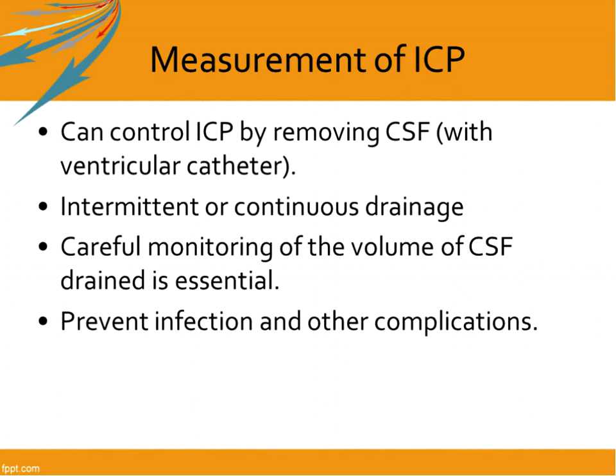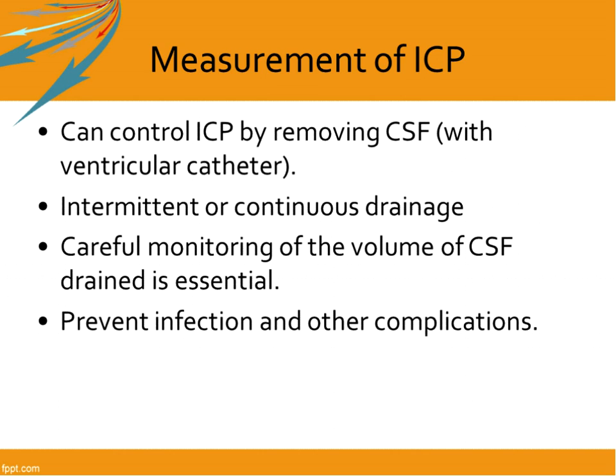Managing measurement of ICP. With the ventricular catheter, it's possible to control the ICP by removing CSF. And the way this will typically happen is the physician's going to order a specific level to initiate drainage. So, for example, let's say that it's greater than 20 millimeters. That order would also list the frequency of the drainage and whether it's intermittent or continuous.